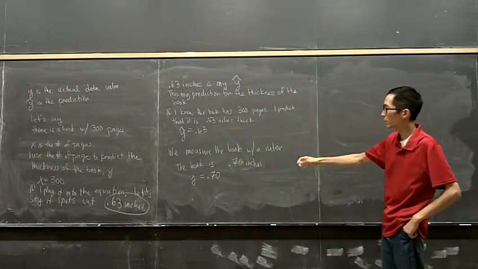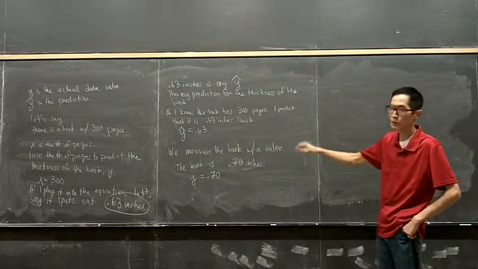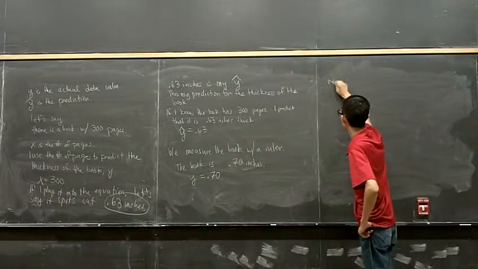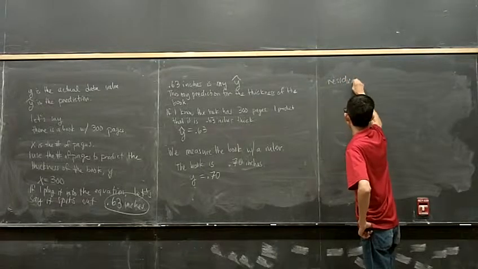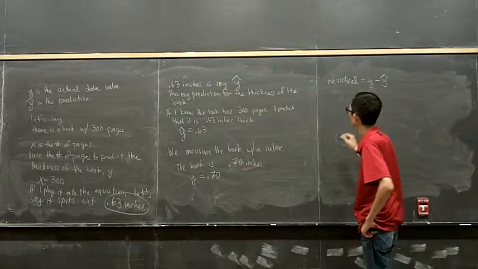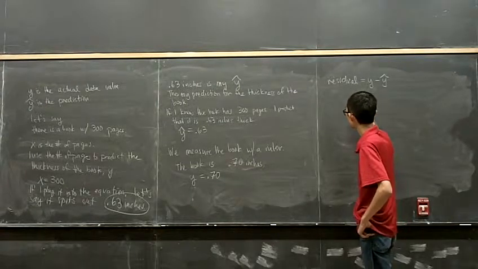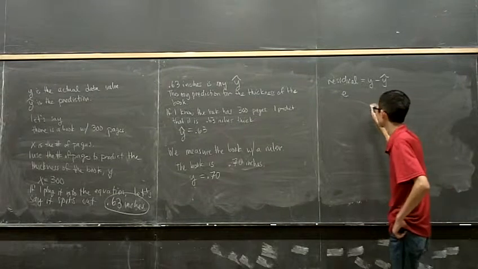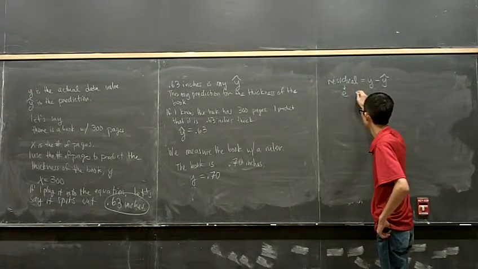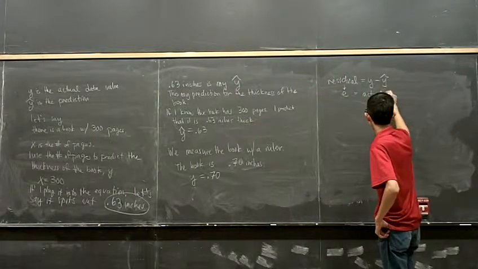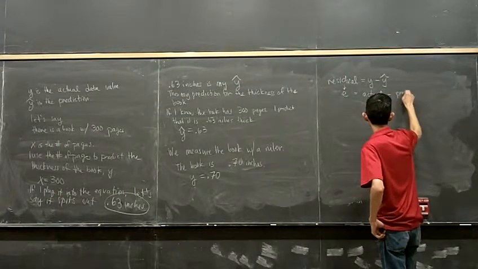So the difference between the actual and what we predicted, this is known as the residual. The residual, sometimes we also call e. Okay. This is the actual data point minus the predicted value, y minus y hat.